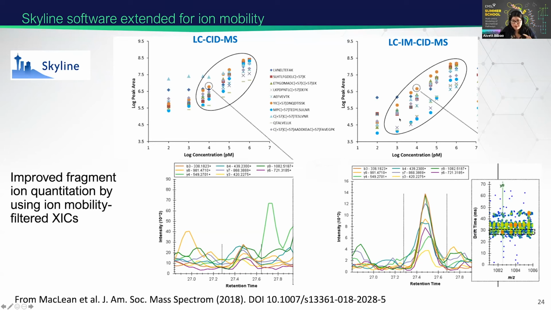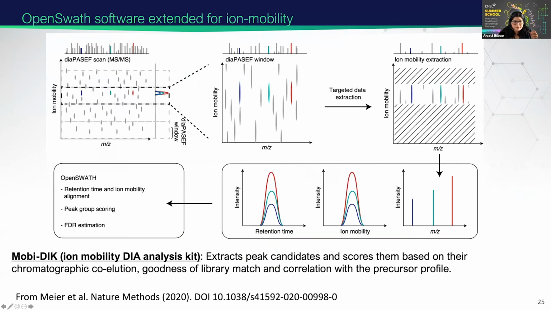You can see that when we add ion mobility, the limit of quantification is lower, because Skyline was adapted to filter the LC chromatograms using only the mobility region that corresponds to that molecule, and we can see how it also decreased the interference.